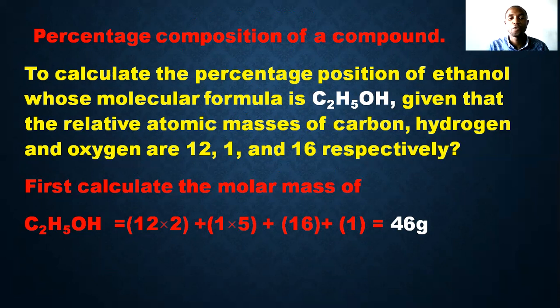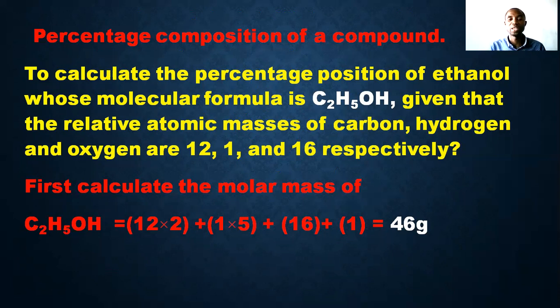Of course, first, what do we need to do? Percentage composition is how the compound is composed: percentage of carbon, percentage of hydrogen, percentage of oxygen in this particular compound.